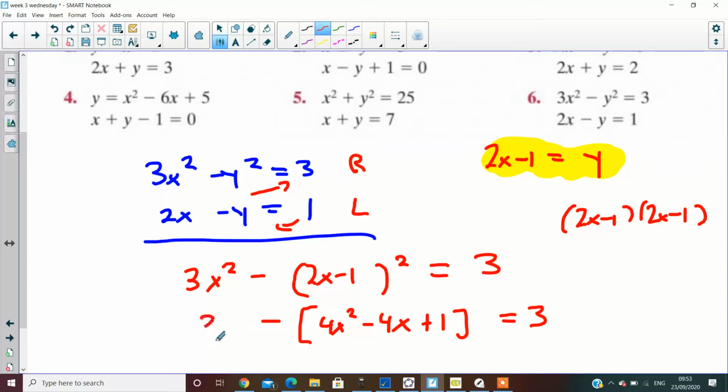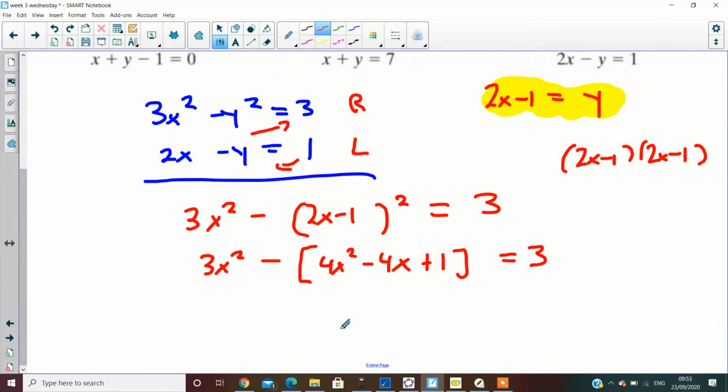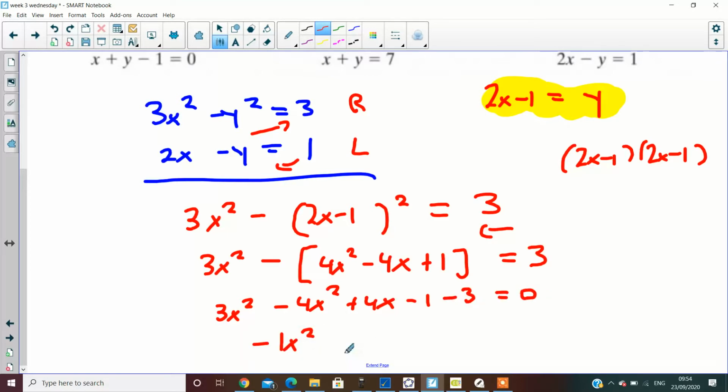Okay, been doing it since junior cert, you'll be grand. Now, what do you do next? 3x squared minus 4x squared minus 1, and then bring over the 3: minus 1x squared plus 4x minus 4.